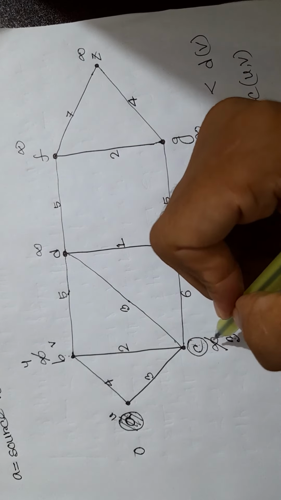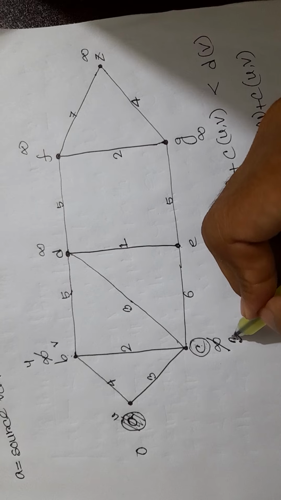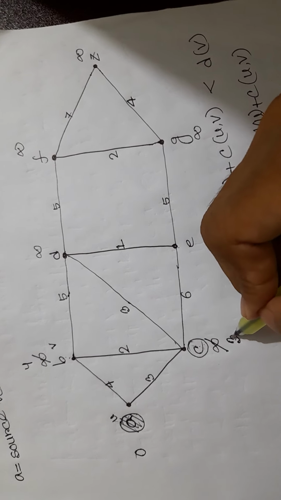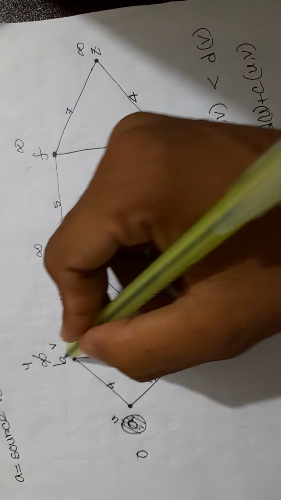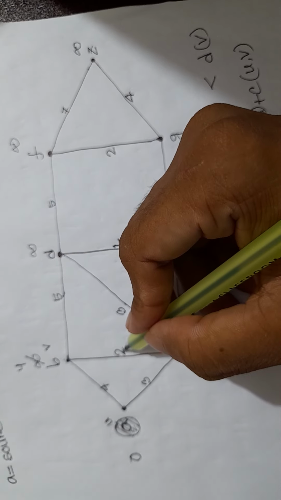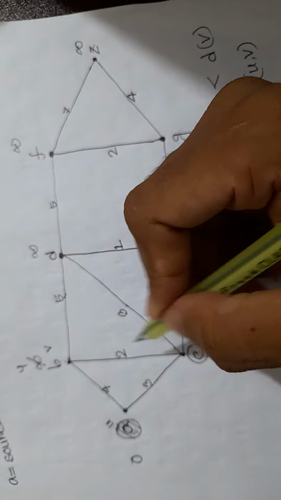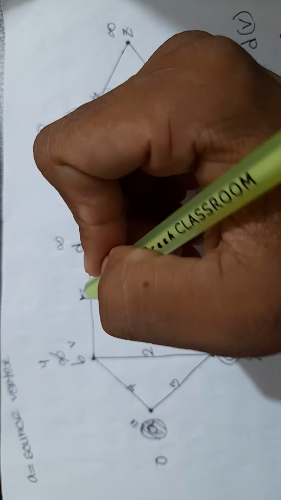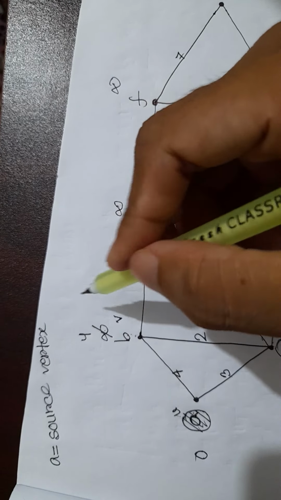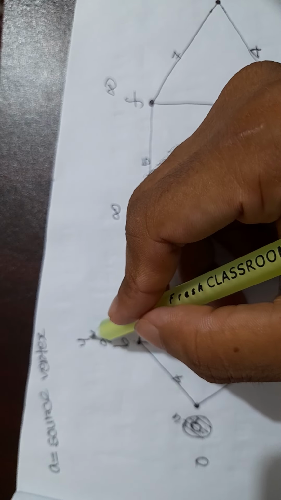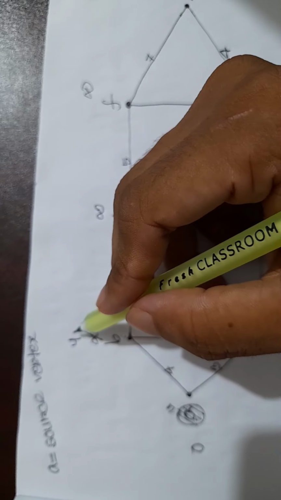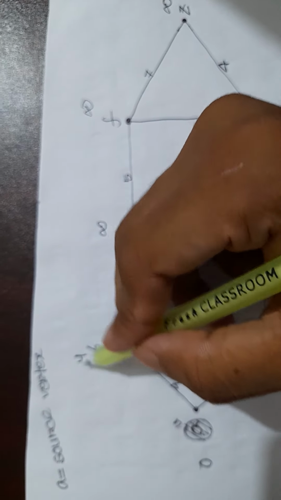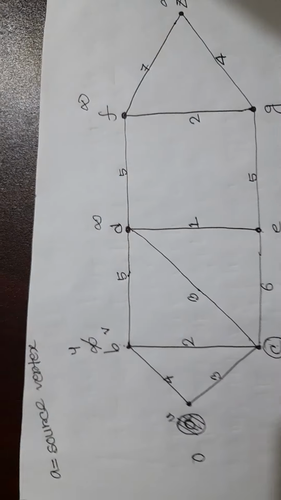So the summation of the distance of C plus the cost of CB equals to 3 plus 2 equals to 5, that is greater than 4. So the distance of B doesn't need to be updated, it remains.